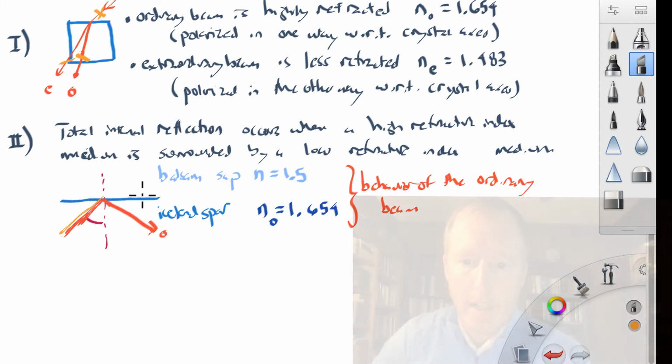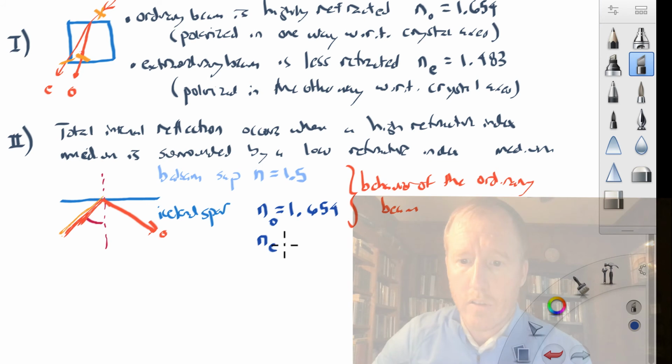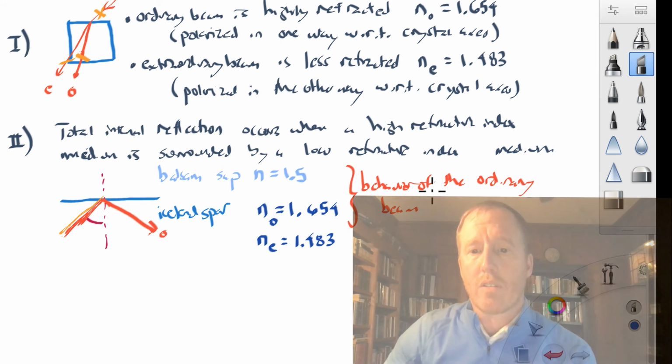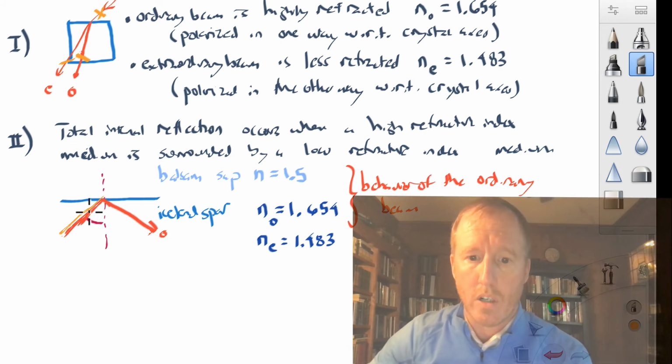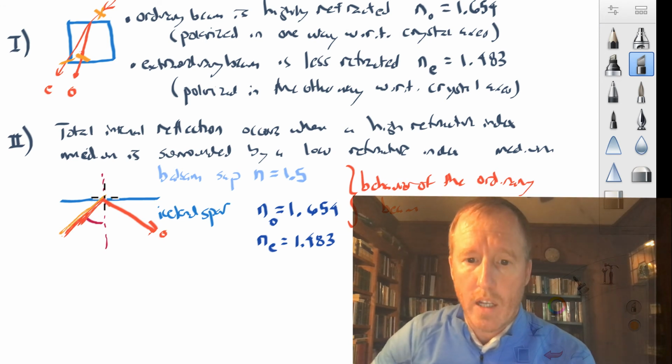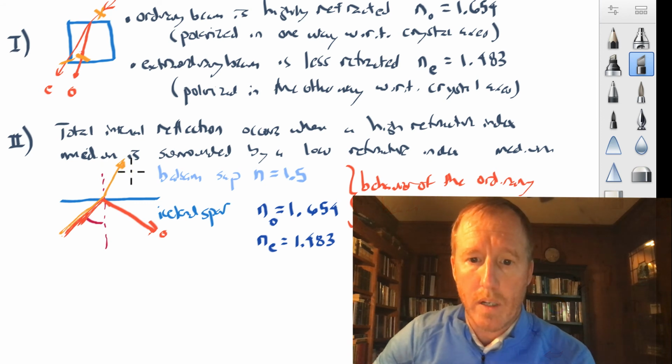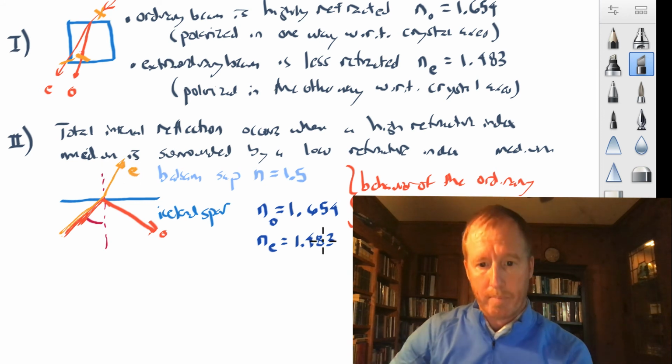Now keep in mind that the refractive index of the Iceland spar for the extraordinary beam is 1.483. That is, the refractive index is less than the refractive index of balsam sap. And as a result, when it impacts the surface, it bends in the other direction and it makes it into the balsam sap. So this would be the extraordinary beam.